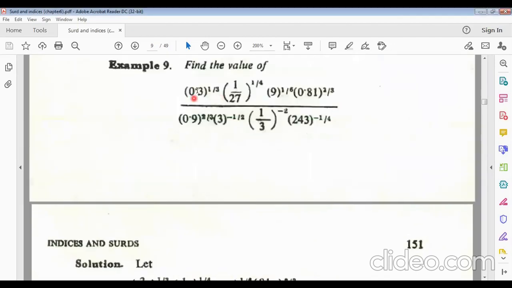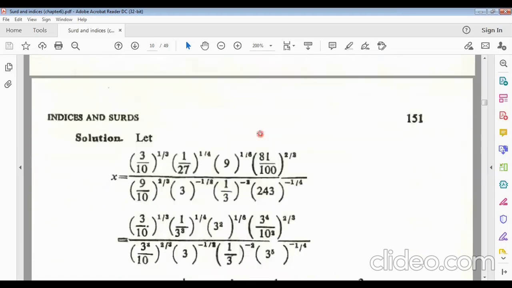That means we have to find the exact value of this problem. Now this 0.3 can be written as 3 by 10 and 0.81 can be written as 81 divided by 100. That means we have to remove the point. 0.9 can be written as 9 by 10.